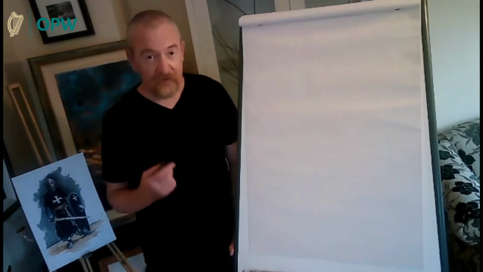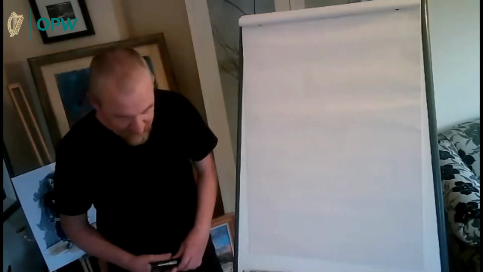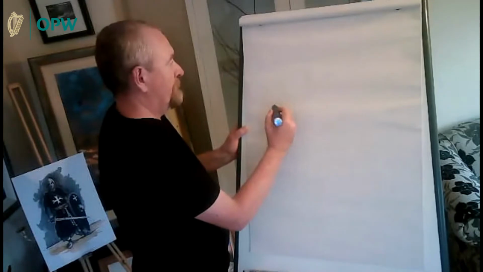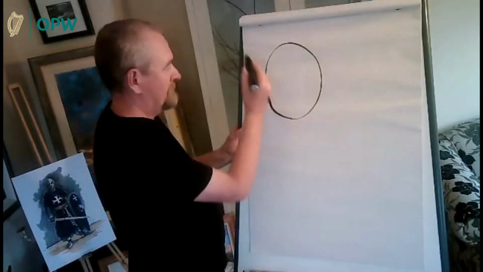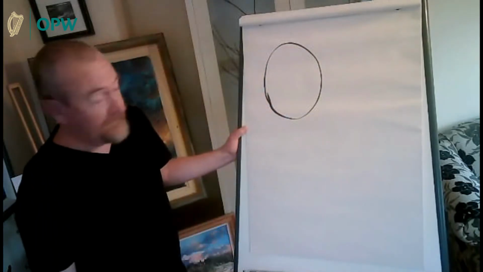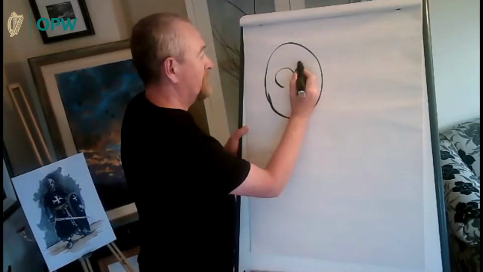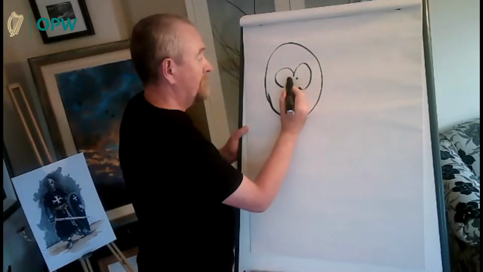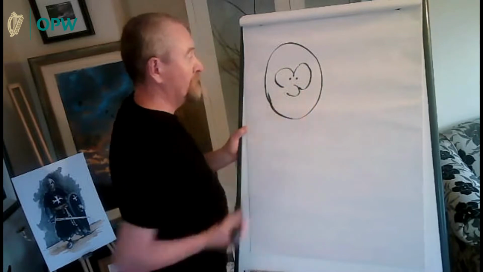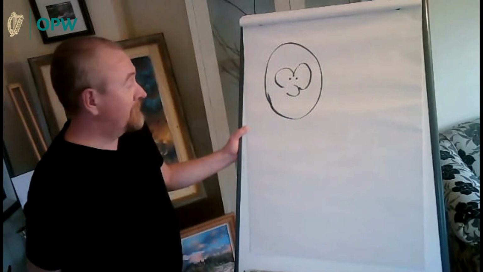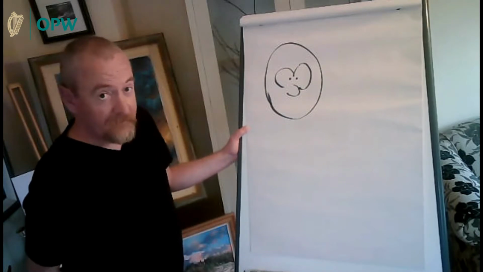So we're going to start off with some egg shapes. Basically, that's an egg representing the human head. We would give him or her some eyes, a nose, and we will decide how this character is feeling today.